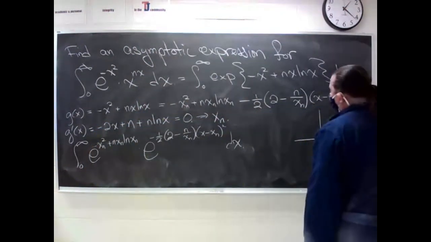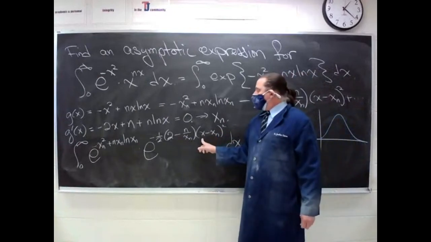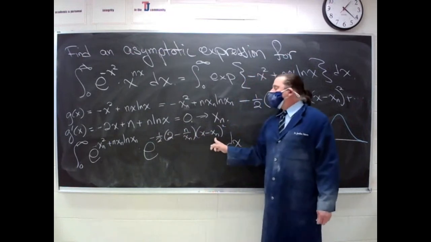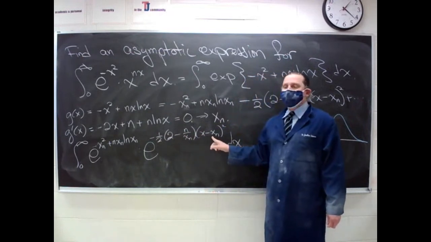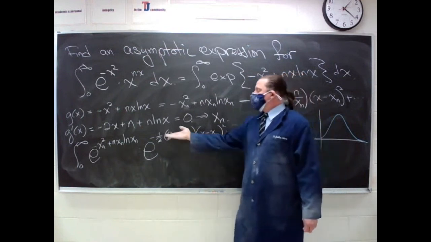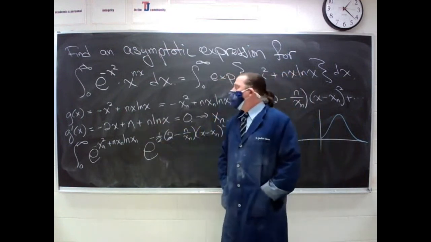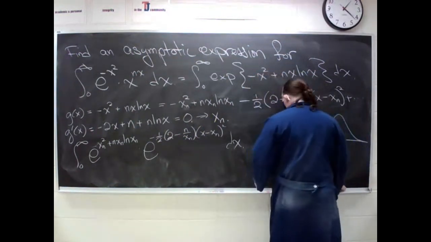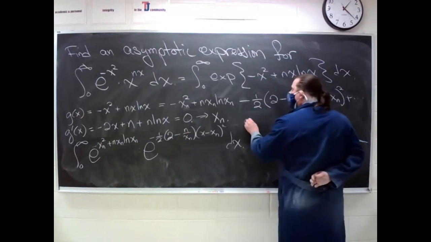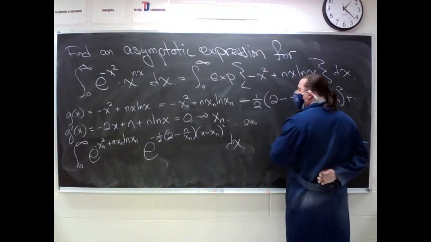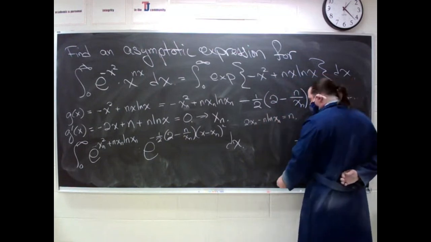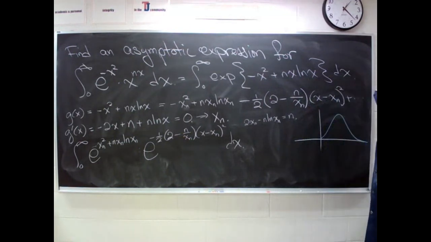All right? When x equals 0, this is e to the minus positive number times xn squared. Now, we were not able to solve this for xn. However, if you look at what the equation says, it says 2xn minus log xn is equal to n.